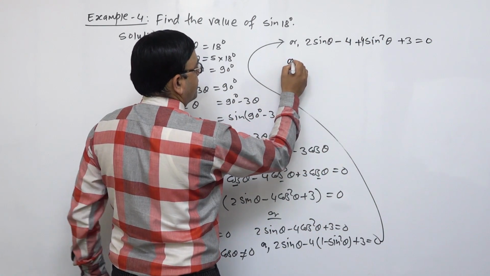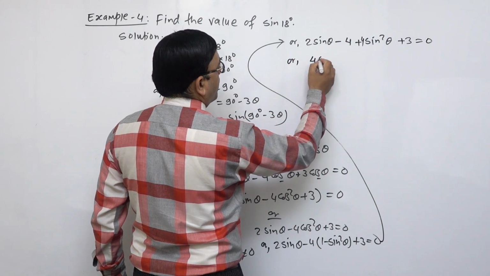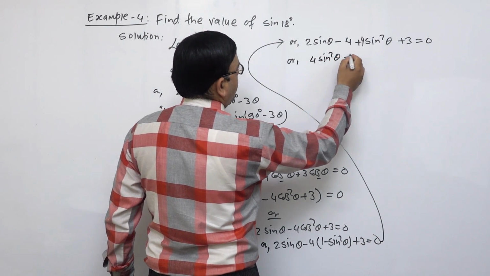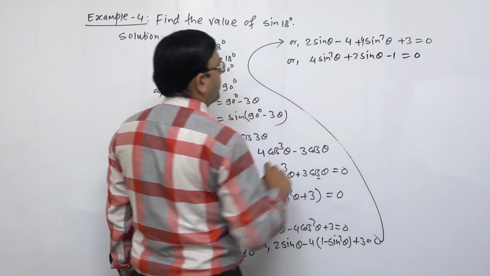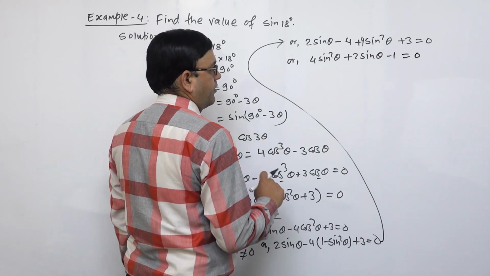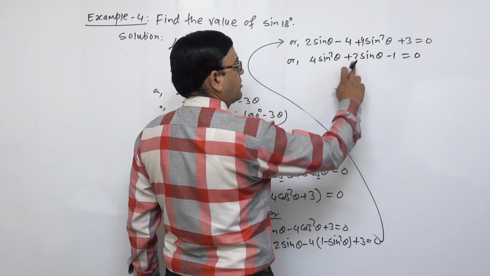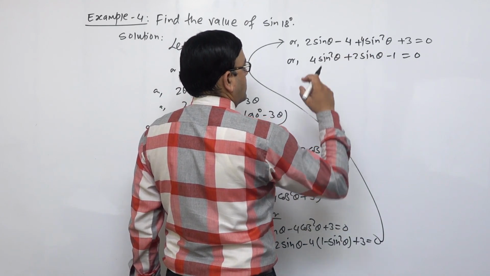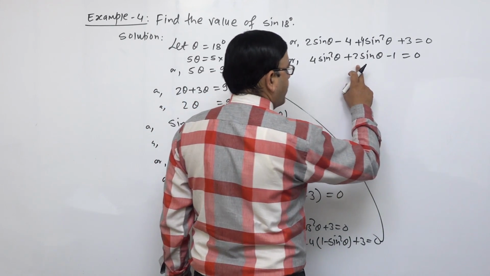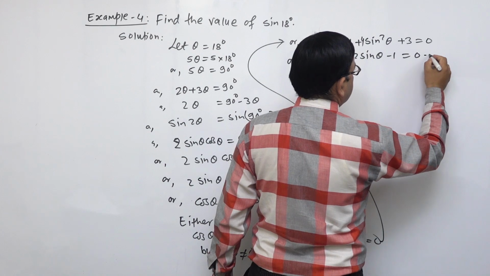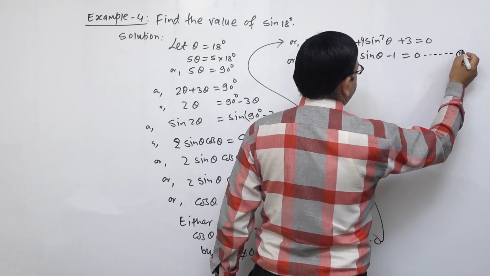So we have 4 sin square theta plus 2 sin theta minus 1 is equal to 0. Now we cannot factor this one by a simple way, so we suppose this is equation 1.